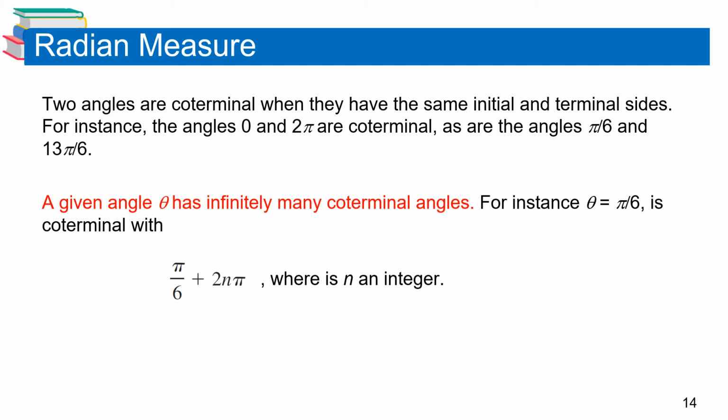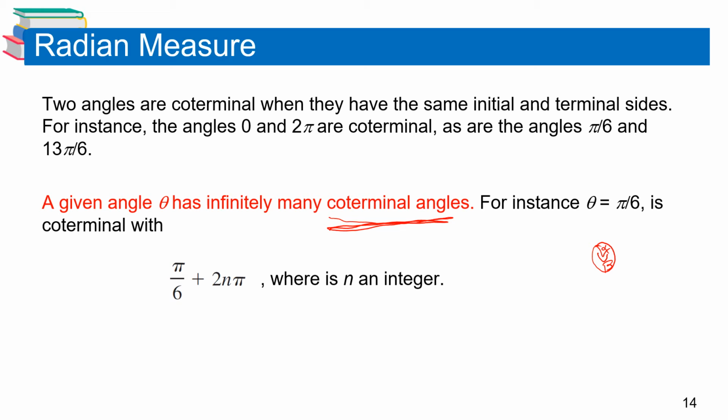Since we are talking about coterminal angles: angles such that the total angle is 2 pi, that is when you complete one full circle. If this one is alpha and this complete angle is beta, then alpha plus beta will be 360, and alpha and beta are called coterminal angles.